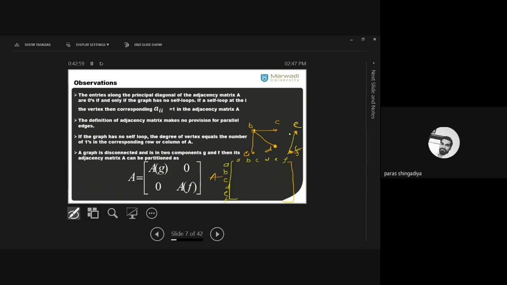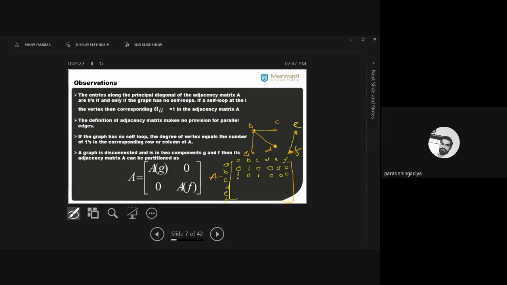Okay, and we get a matrix A of size 6 by 6. So the first row: A is connected with B, so that is 0, 1, 0, 0, 0, 0. And then B with A and C, so it is 1, 0, 1, 0, 0, 0.